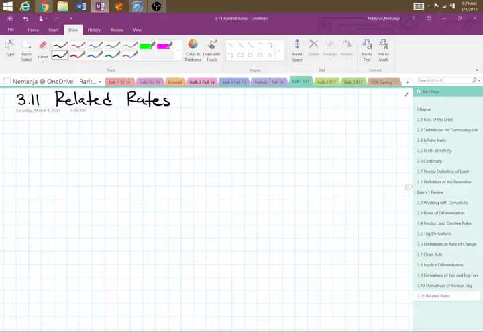Let's start with a simple example. Say you have an ice cube that has a side A. So all sides are A, obviously, because it's a cube.